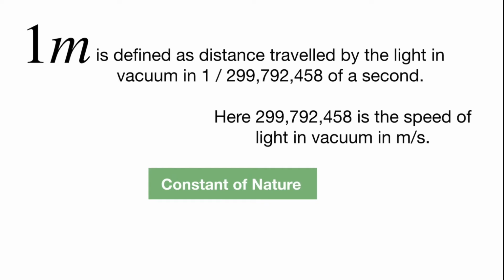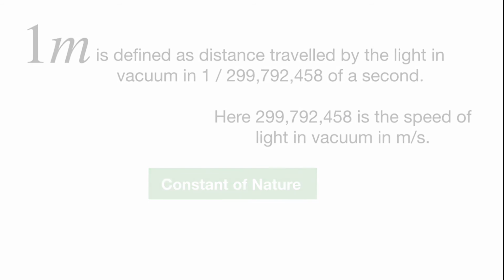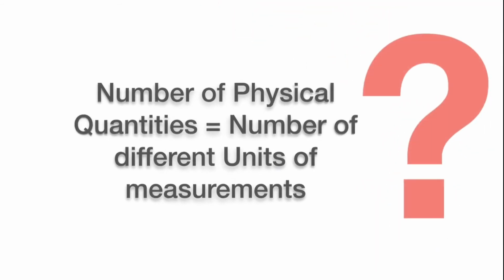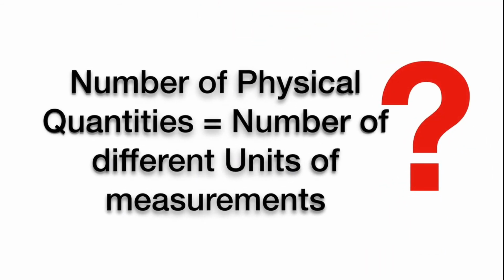Here if we look around, we will find a very large number of physical quantities. So does that mean we need to have the same number of standard units to measure the different physical quantities? Luckily that is not the case. Otherwise think how difficult it would be to standardize and remember so many units of measurement.